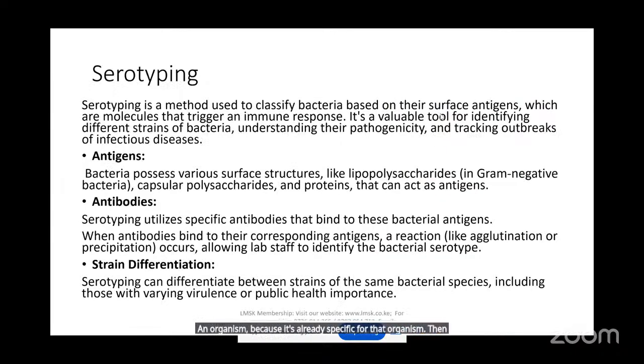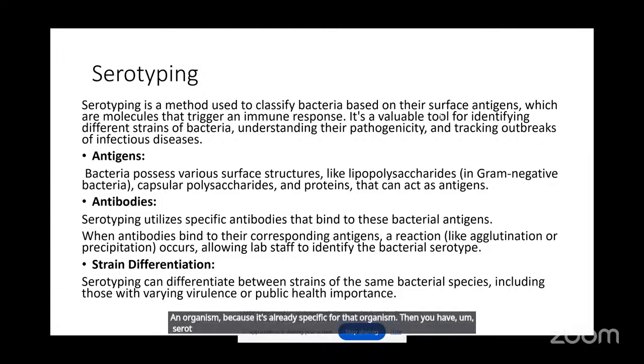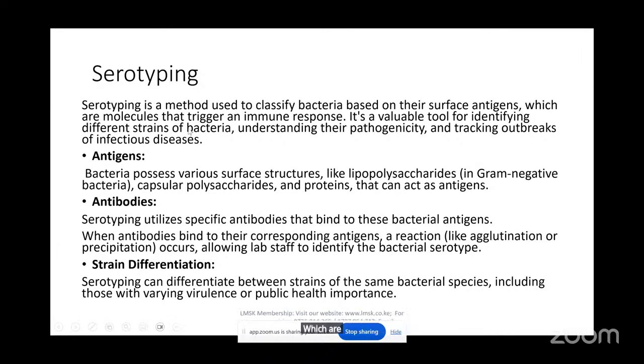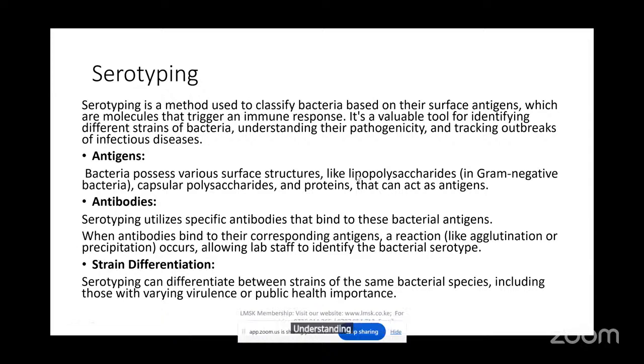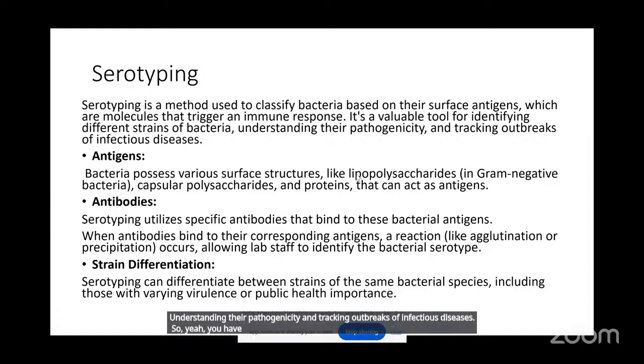Then you have serotyping. Serotyping is a method used to classify bacteria based on their surface antigens, which are molecules that trigger an immune response. It is a valuable tool for identifying different strains of bacteria, understanding their pathogenicity, and tracking outbreaks of infectious diseases. So you have your antigens.